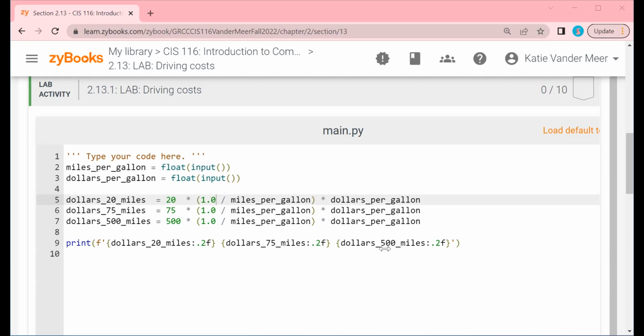So you need to basically do 1.0 divided by miles per gallon, which is 20.0. That changes this to 0.05.